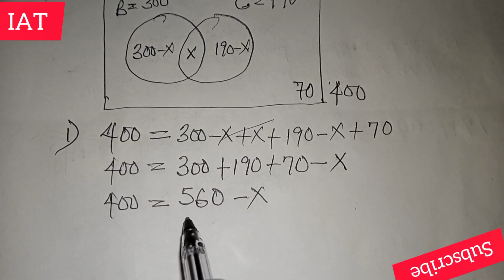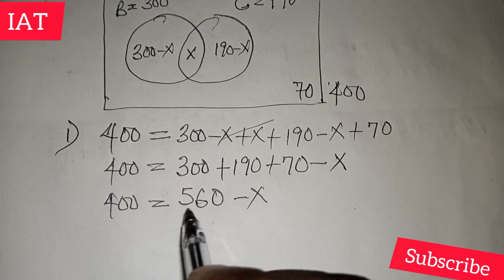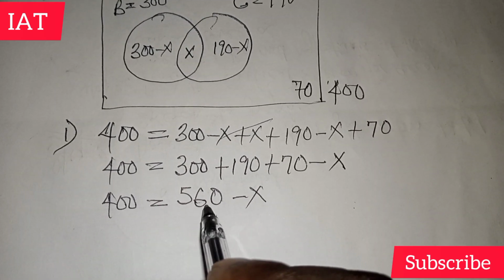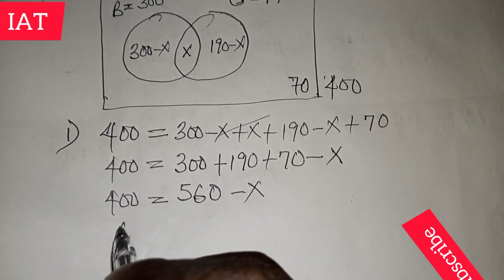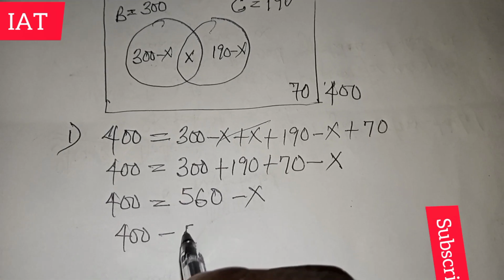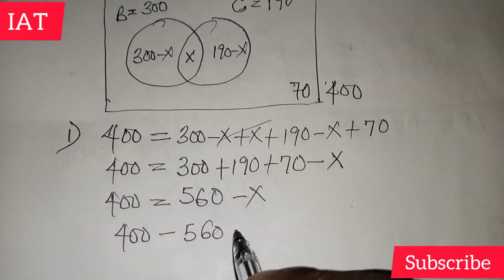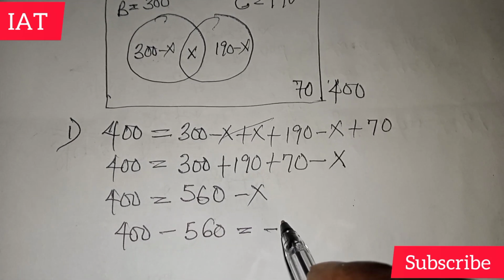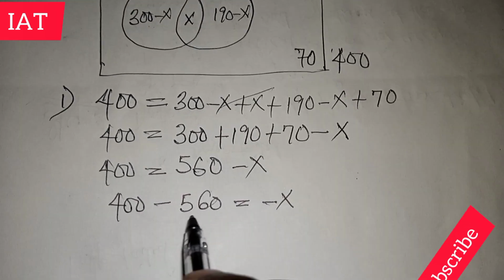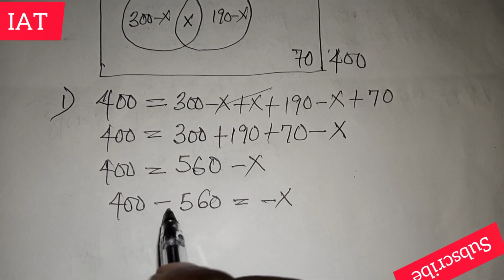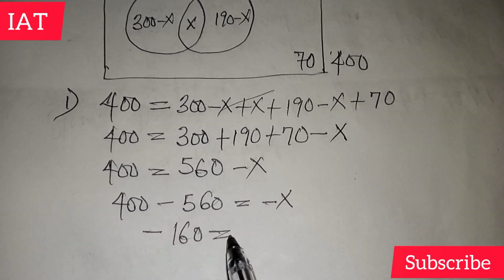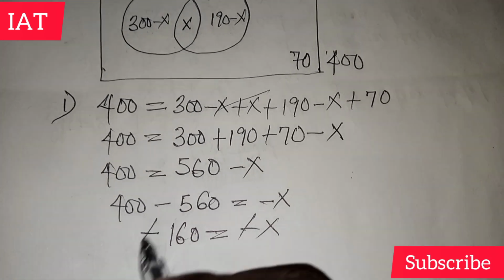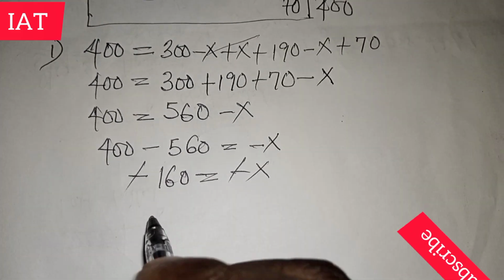Because we're looking for X, let's subtract 560 from both sides of the equation. So we have 400 minus 560, which will be equal to minus X. If you subtract this, you just have minus 160, and this will be equal to minus X. Because we have a negative sign on both sides, they cancel out.